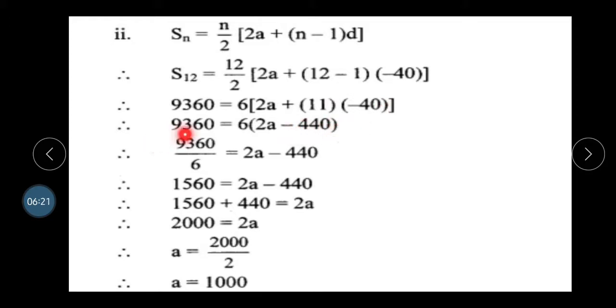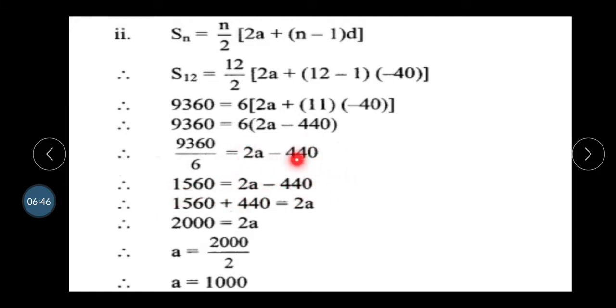So 9,360 is equal to 6 into 2a minus 440. Dividing 6 on both sides of the equation, we get 9,360 upon 6 is equal to 2a minus 440. When we divide this by 6, we will get 1,560 is equal to 2a minus 440.